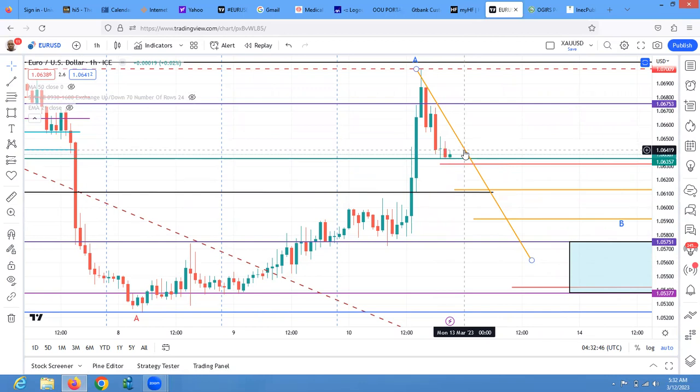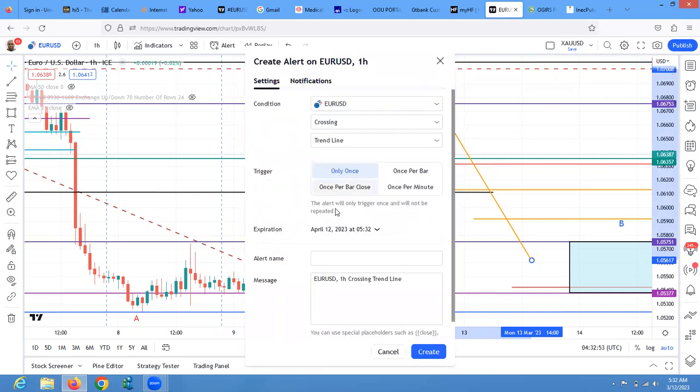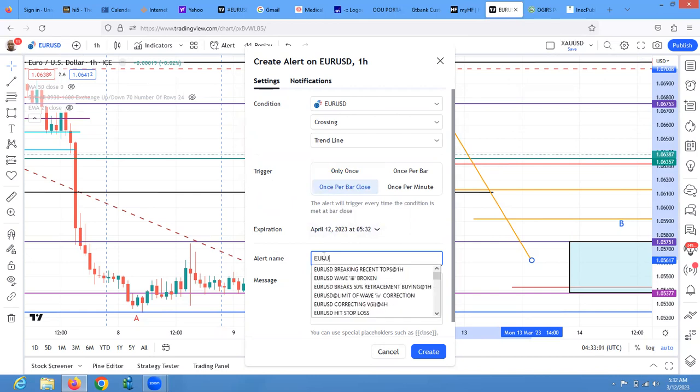So you can label it on the 1 hour that Euro USD is breaking into B on the 1 hour time frame.